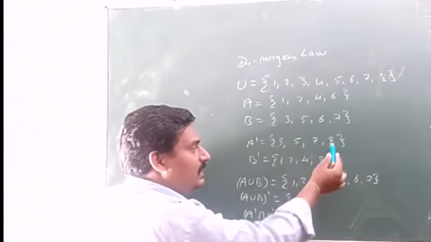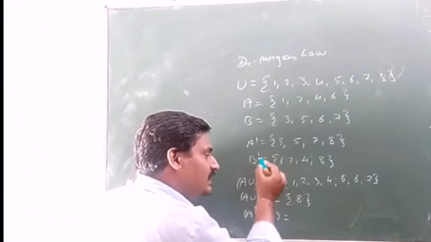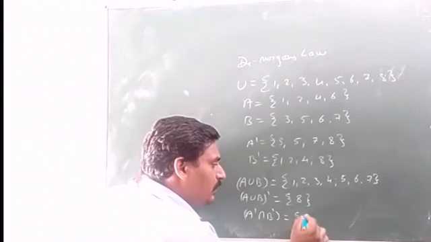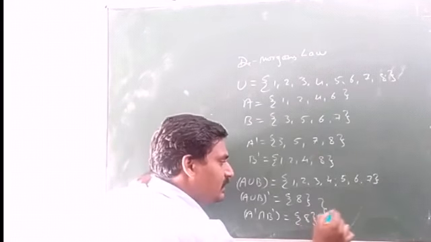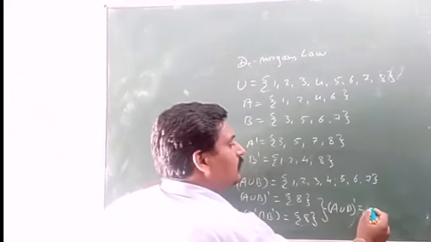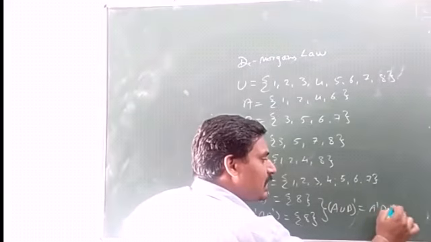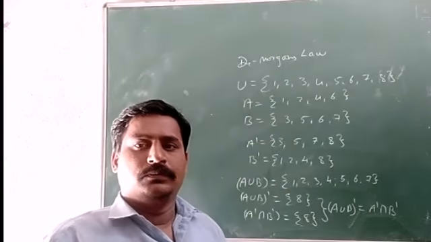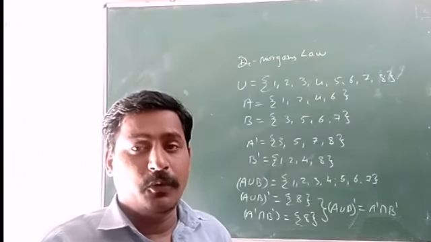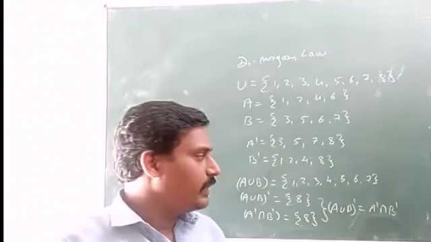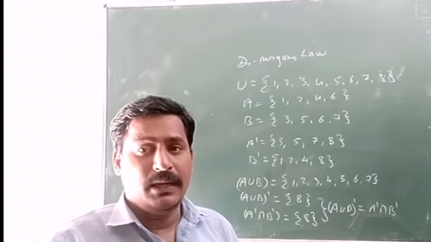So only 8 is there in both A dash and B dash. So A dash intersection B dash is equal to 8. Hence it is proved, with an example, that (A union B) dash is equal to A dash intersection B dash, De Morgan's rule.